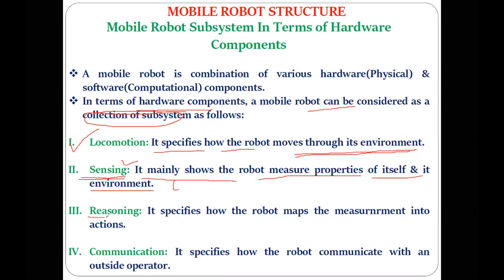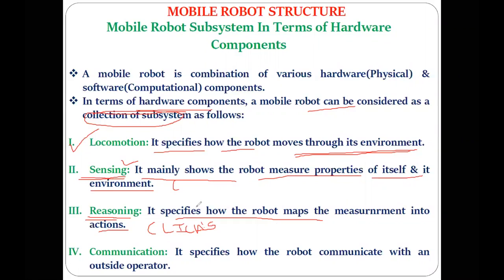Then we have reasoning. Reasoning specifies how the robot maps the measurement into the action. In this, we have the component, the controller. What does the controller do? The controller receives the information, processes that information, and accordingly the action is performed by the other components.